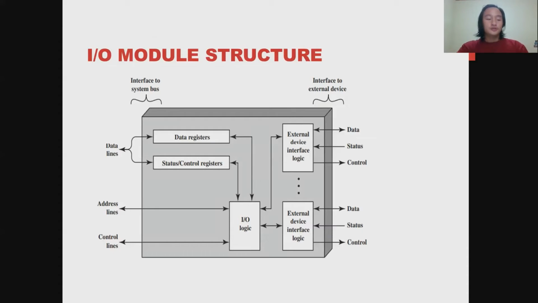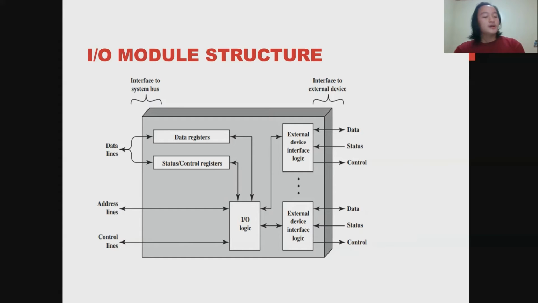Input-output module structure. The module connects to the rest of the computer through a set of system bus lines. The data transferred to and from the module are buffered in one or more data registers. One or more status registers provide current status information. A status register may also function as a control register to accept detailed control information from the processor.